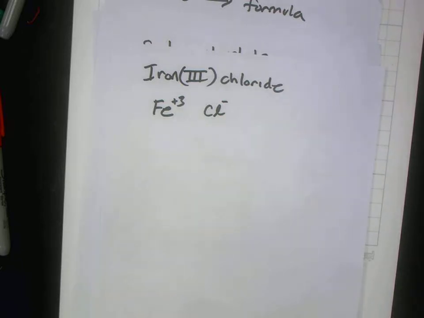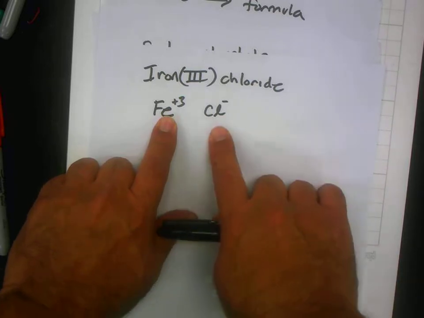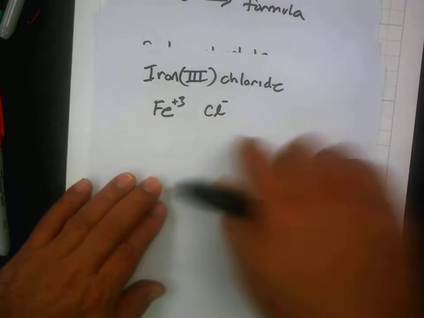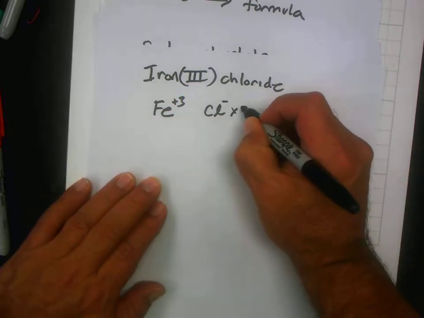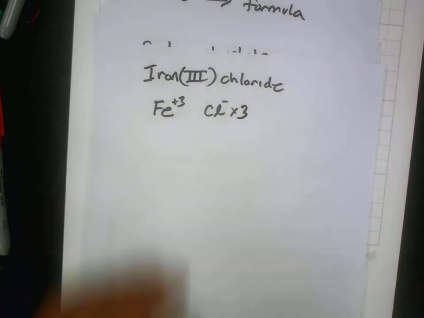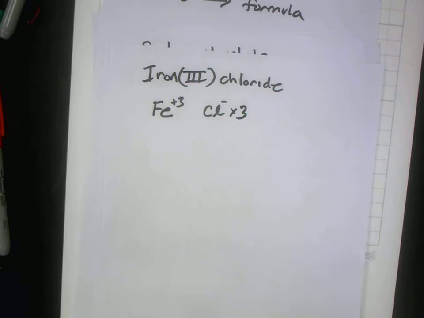In order to make the formula, once again, we do the same thing we've been doing since the other day. Let's make this a neutral compound. 3 positives, 1 negative. We need more negatives, right? We're going to have to add 3 negatives. We're going to have to have 3 chlorides. 3 times -1 is -3. So therefore, now we'll have 3 positives and 3 negatives if we bring in 3 chlorines.